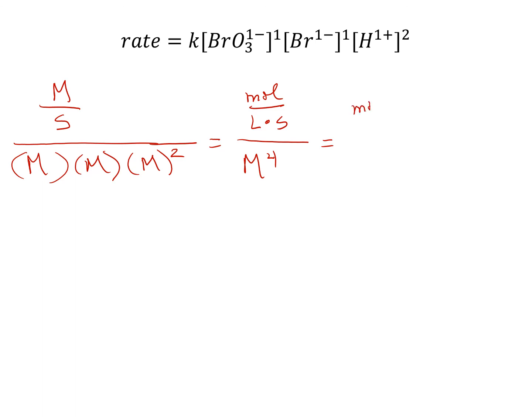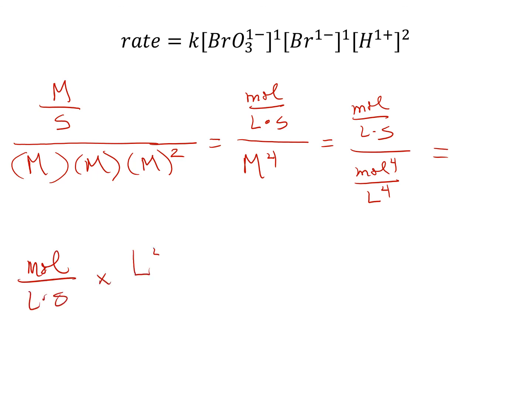So now we have moles over liters per second, and this will be moles to the 4th, liters to the 4th. Don't need the parentheses. Now we need to reduce this down, so you have a fraction divided by a fraction. So let me go down here. We have moles per liter per second times liters to the fourth over moles to the fourth.